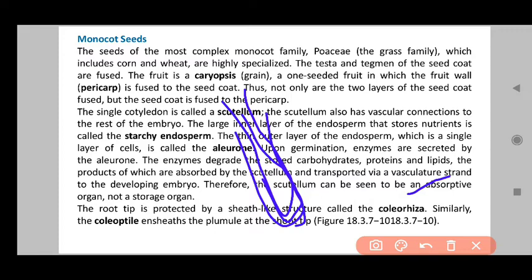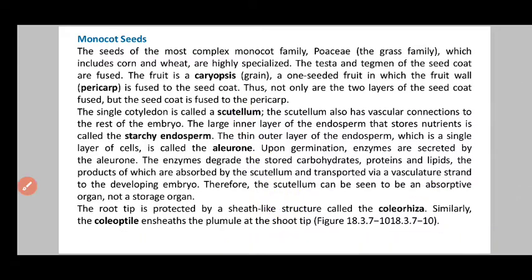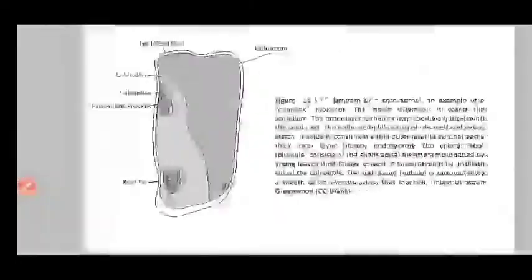So the coleorhiza helps protect the root tip, and similarly the coleoptile encases the plumule, that is the shoot tip. The coleoptile also covers the shoot tip.